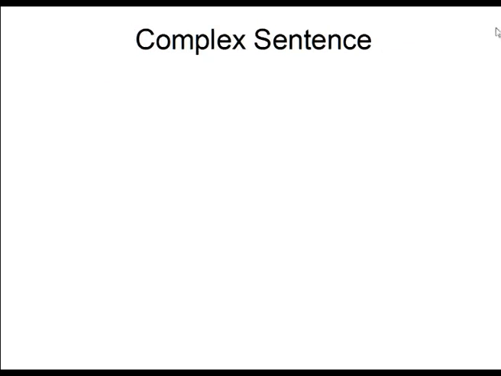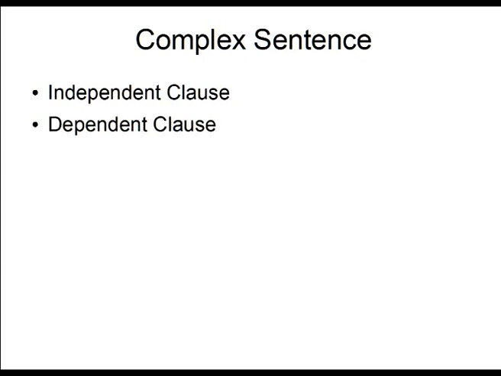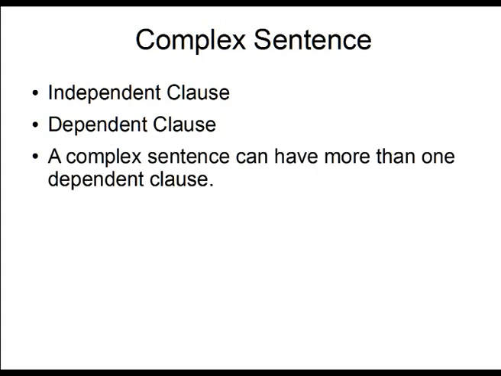A complex sentence has an independent clause and a dependent clause. So a complex sentence has these two clause types, but it can also have more than one dependent clause. It's not like with a simple sentence or a compound sentence where you're limited.